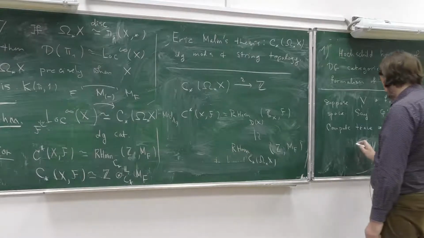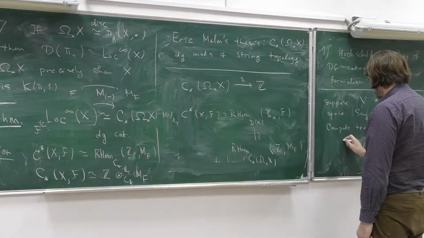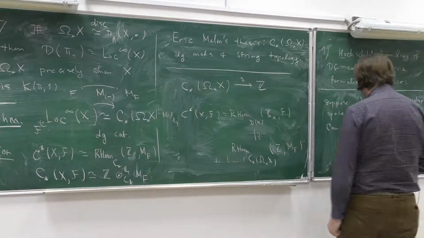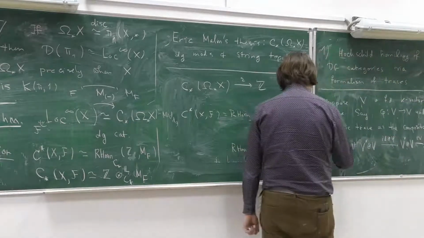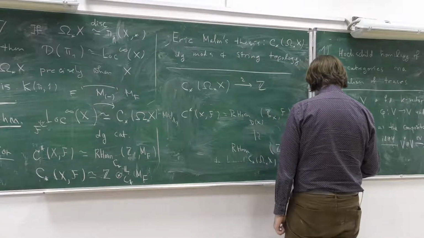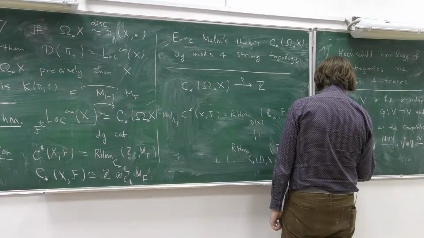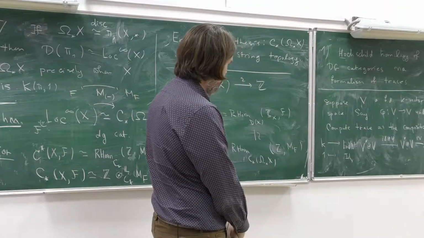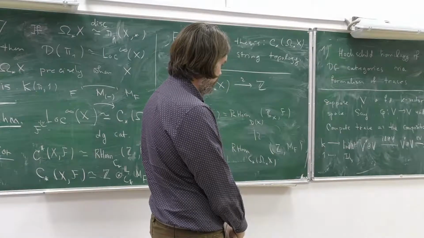And here, I can identify this with endomorphisms of V in the usual way. And there's the unit in there. 1 goes to id V. Okay? And so everything I've written down is defined in a basis-independent way.